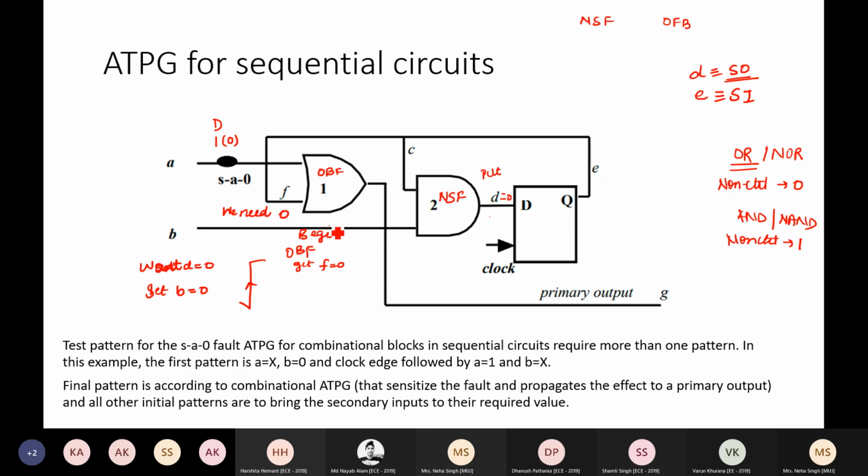To begin, I say the fault will be propagated outside OBF if f is 0. राइट, तो अगर मुझे ये फॉल्ट प्रोपोगेट करना है तो पहले f इक्वल टू 0 सेट करना पड़ेगा ना. वो कब सेट होगा, ये वैल्यू कब मुझे मिलेगा, इस क्लॉक एज के बाद. यहां पर मुझे चाहिए f इक्वल टू 0, तो इसका मतलब ये क्लॉक साइकिल आने से पहले ये जो d है इसको मुझे 0 करना है किसी भी तरह.